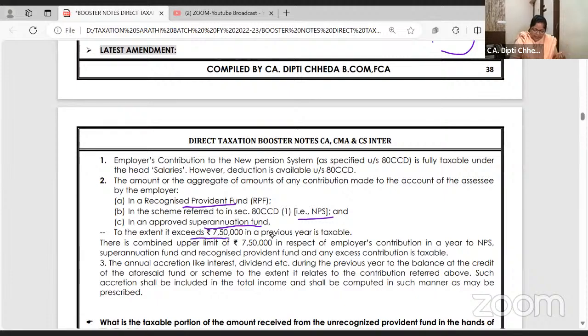Put together, the exemption is 7,50,000 in a year. I want to repeat. Employer's contribution to RPF, employer's contribution to NPS, National Pension Scheme, and employer's contribution to superannuation fund, put together, is exempt up to 7,50,000. Above that, it will be taxable.